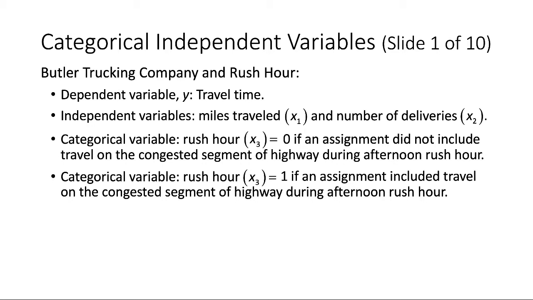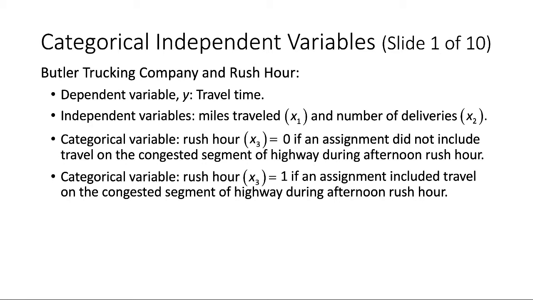The management believes that this factor may also contribute substantially to variability in travel times across driving assignments. So how do we incorporate information on such driving assignments, which include travel on a congested segment of a highway during the afternoon rush hour, into our regression model?